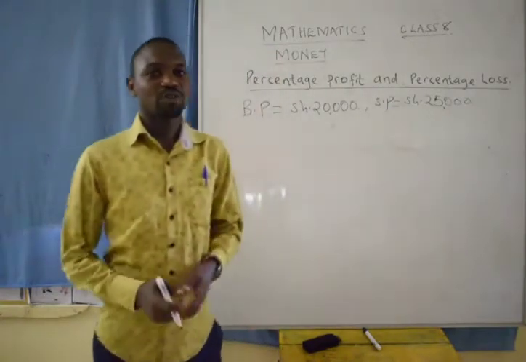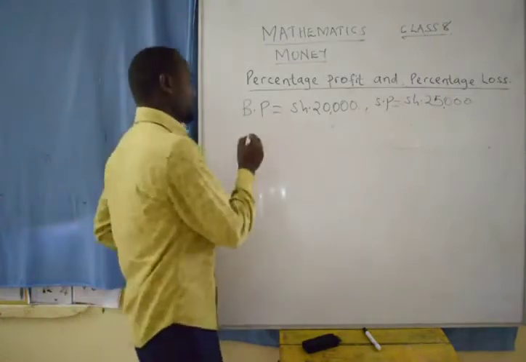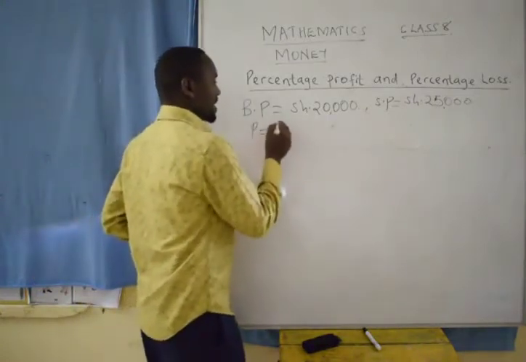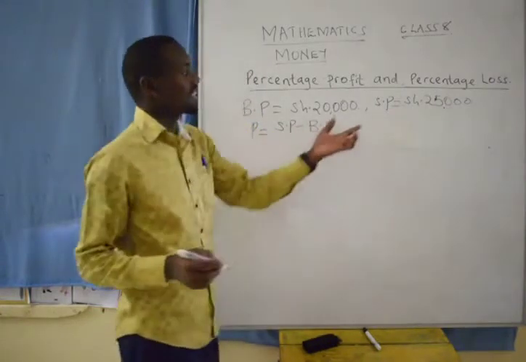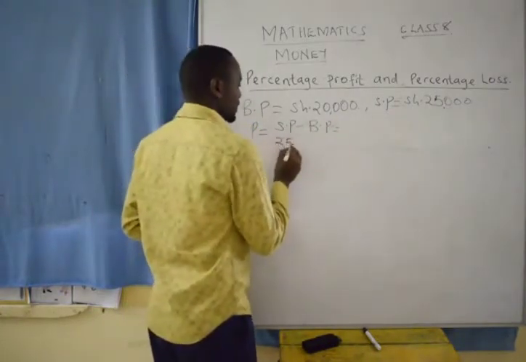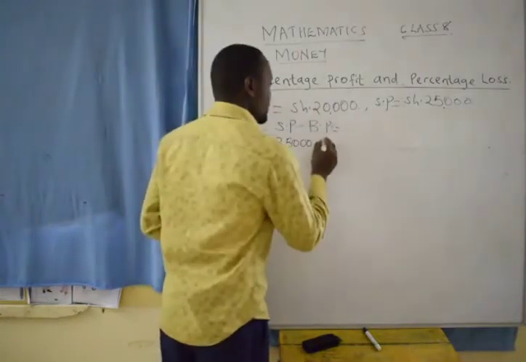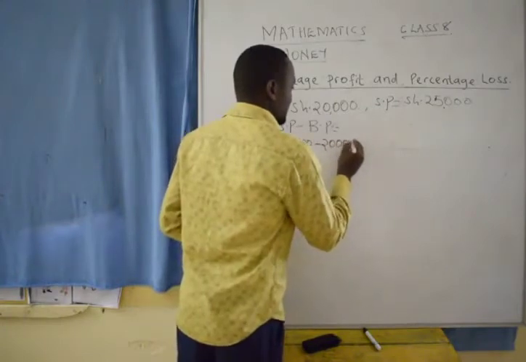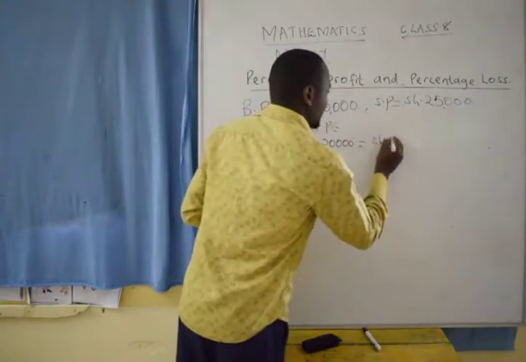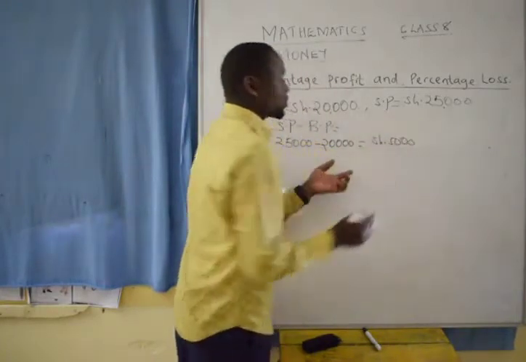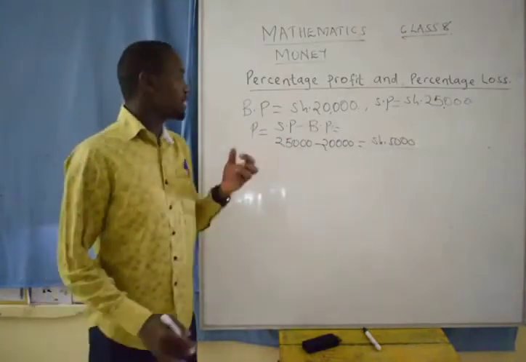So the first thing we have to do is get the profit incurred, and we say profit is given by the selling price minus the buying price. In our case, the selling price is 25,000 shillings, and the buying price is 20,000 shillings. So the profit incurred by this person was 5,000 shillings. Then the question is asking us to calculate the percentage profit.